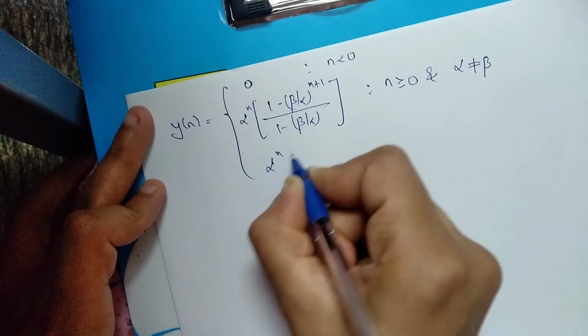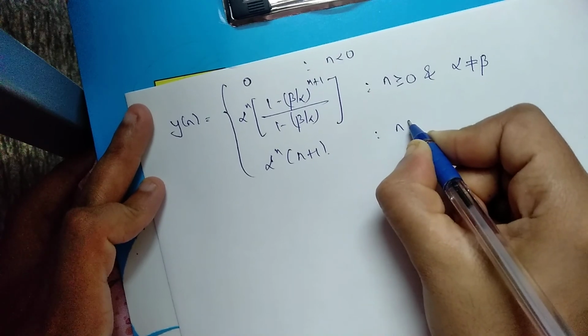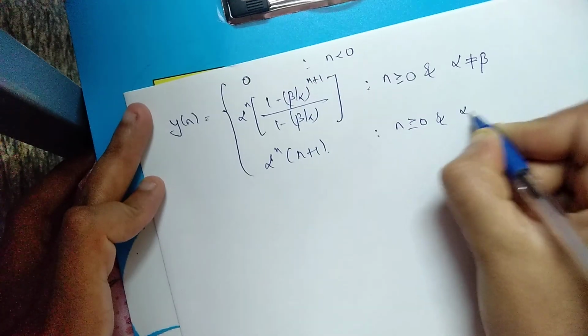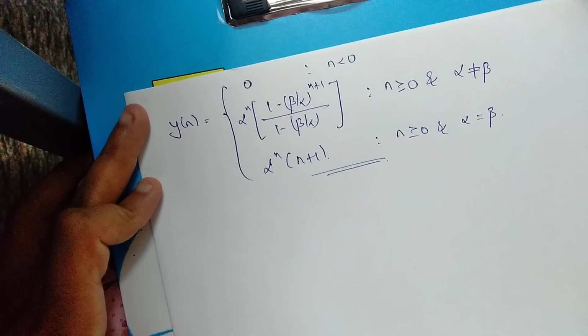It is alpha to the power of n into n plus 1 when n is greater than or equal to 0 and alpha is equal to beta. This is the equation for the y of n.